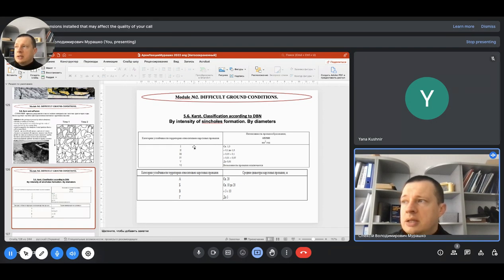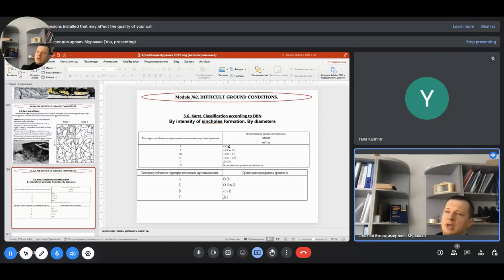This level measures the amount of karst sinkholes per 1 square kilometer per year, and the worst case of karst is more than one sinkhole per year per 1 square kilometer. And also we have another classification which is connected with the diameters of sinkholes, and the worst case is sinkholes with a diameter of more than 20 meters.